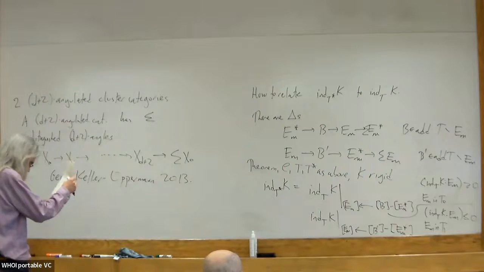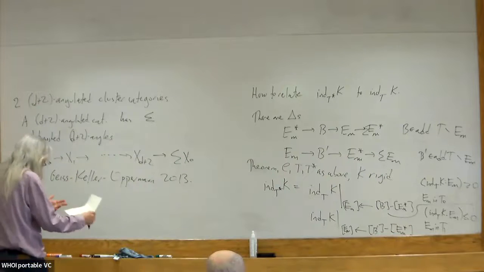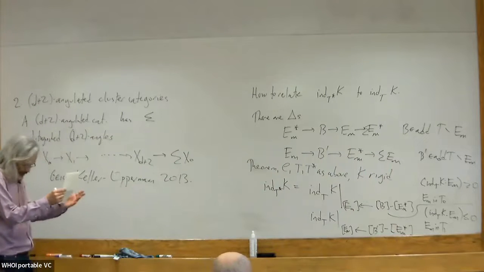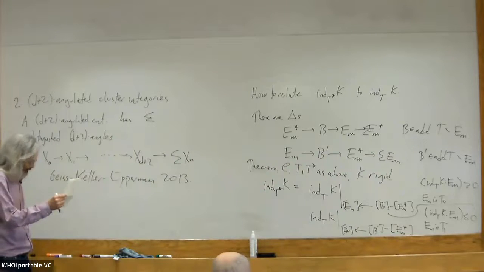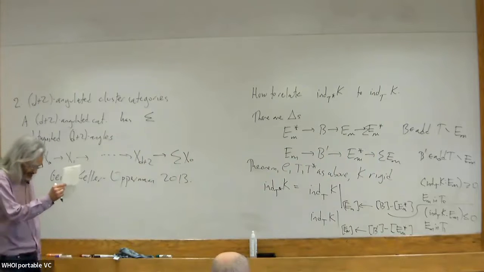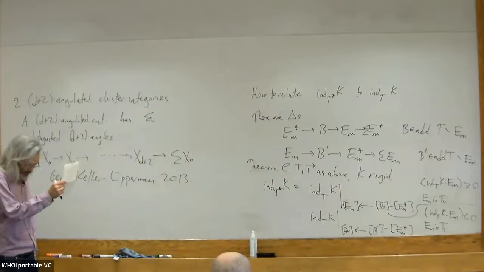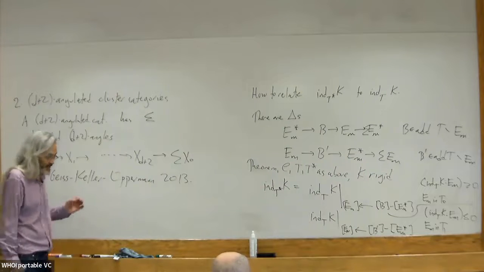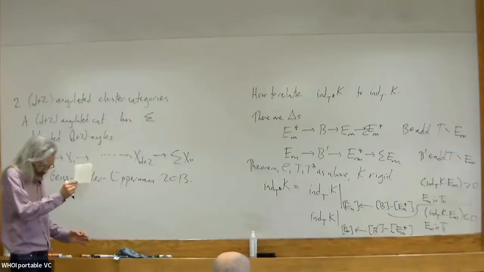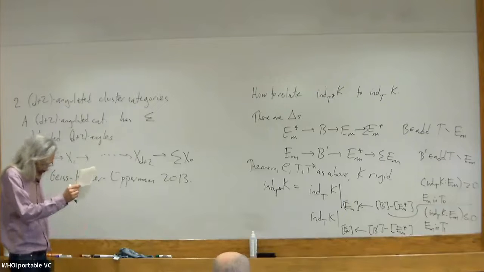Right. So this comes up in work of Iyama. It also came up in Bernhard's talk on Saturday. He had something that he called a d-Z cluster tilting subcategory. That subcategory is d-angulated.